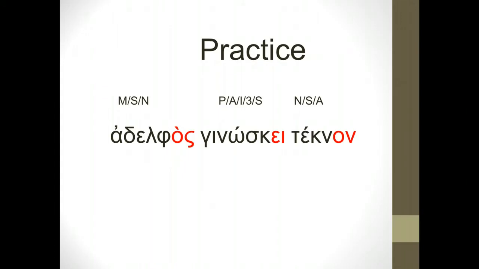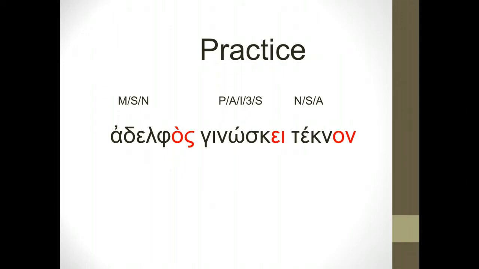Gnoske is a present active indicative third person singular verb, so it is a brother he knows, or just simply a brother knows, because we don't need to have the redundancy of a brother he knows. And then lastly, teknon. As I look at this, I know that teknon in the singular can be either the nominative or the accusative.